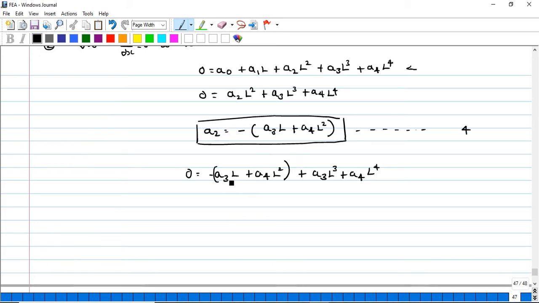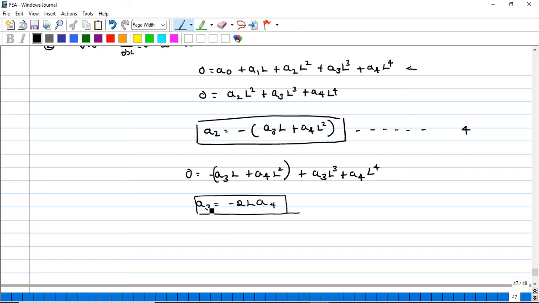Now you can see that we have only a3, a4. So I will write this entire equation in terms of a3, that I will get as a3 is equal to minus 2L a4. Okay, so this is done. a3 is equal to minus 2L a4.